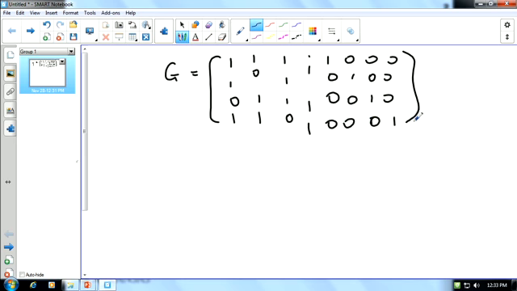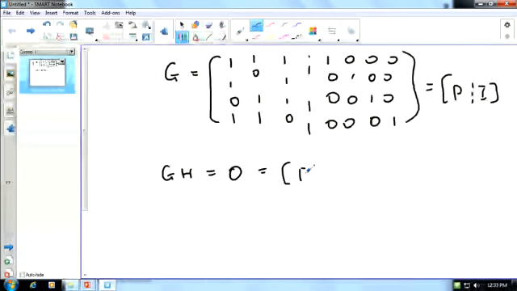So you can write it as P times I. To find the parity check matrix, basically what we need is we would like G times H to be 0, right?